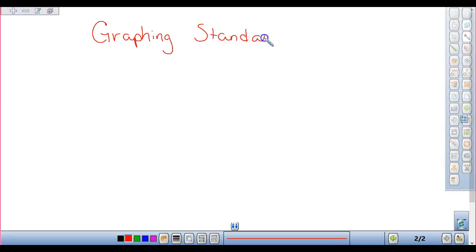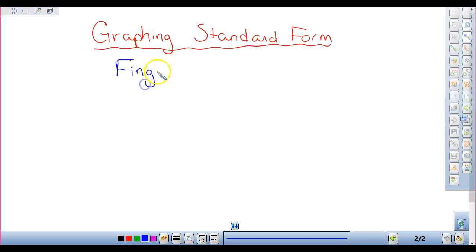All right. When we want to graph standard form, when we graph standard form, we find our x and our y intercepts.